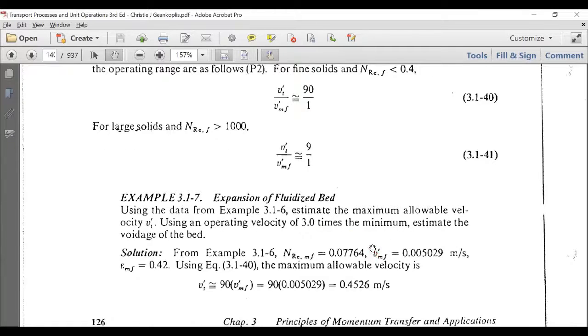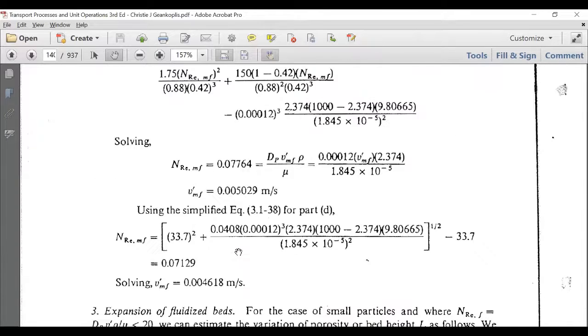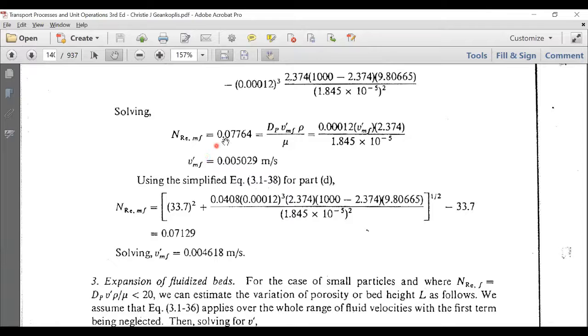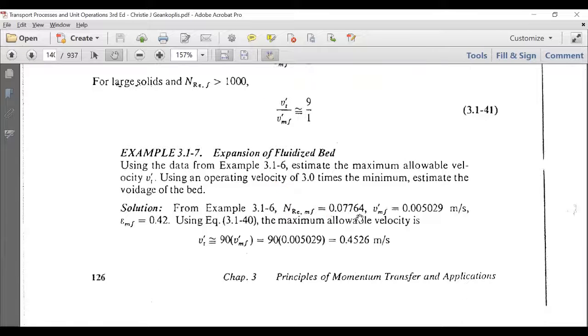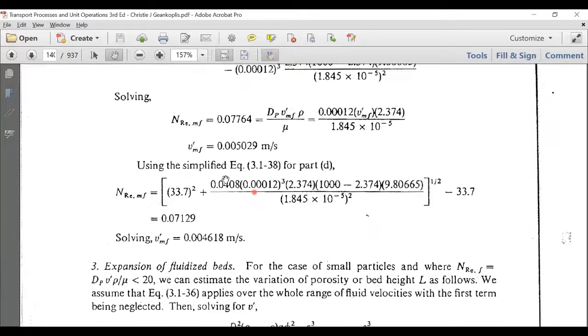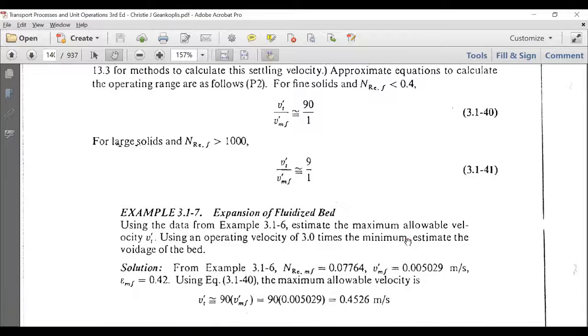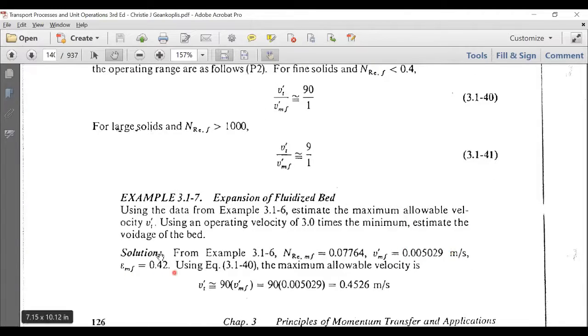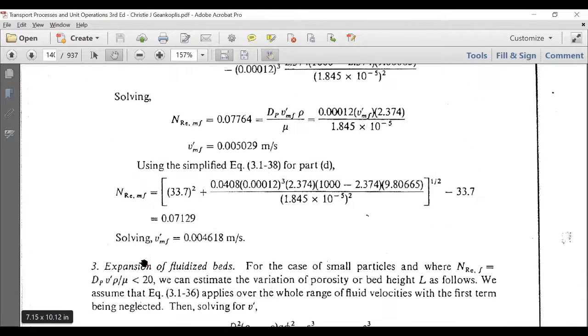Okay. So we know from example 3.16 that the Reynolds number at minimum fluidization is 0.07764, the VMF is 0.005029, and the epsilon MF is 0.42.